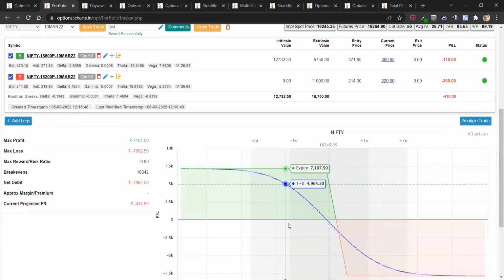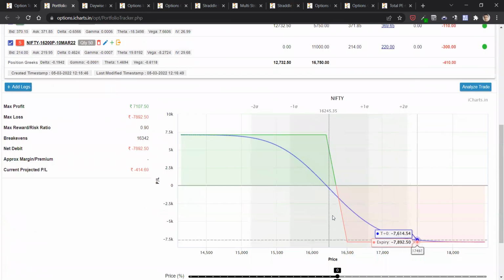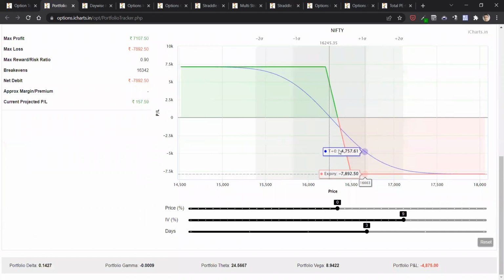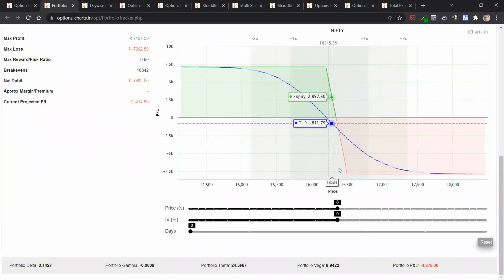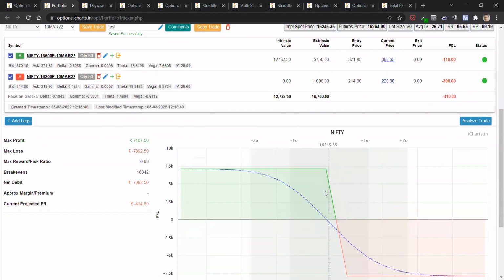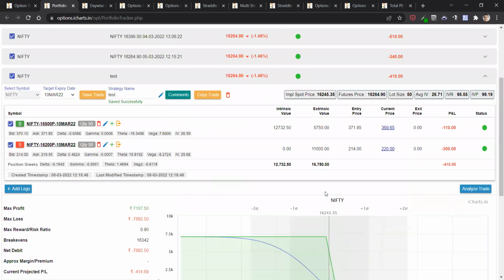Rest everything is done. You can do your what-if analysis here: what happens if IV goes up, what happens after 2 days. You can do your what-if study here. Just please use this. What is the live trades option on the top left-hand side?